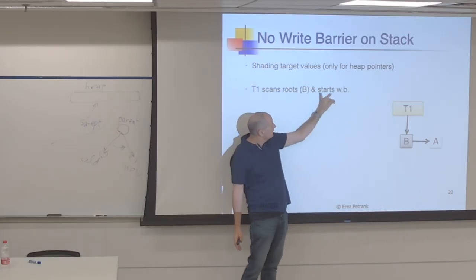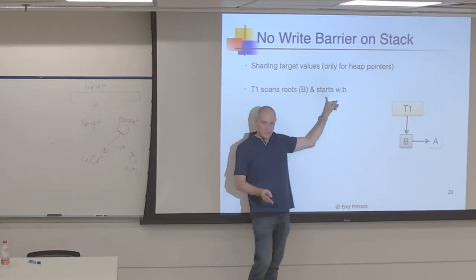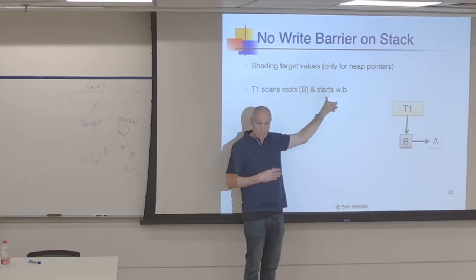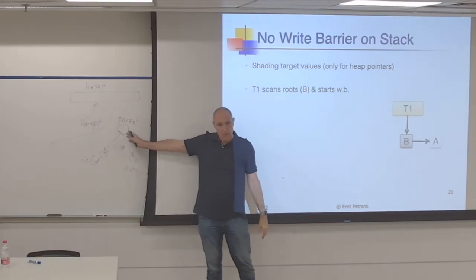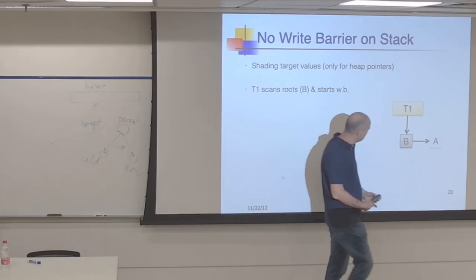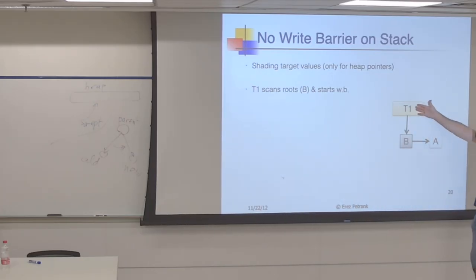I'm also shading my roots, and I'm also starting to do the write barrier. I will shade the new object when I change the pointer. So T1 shades whatever is reachable from its roots, its local variables. So I shade this, and then the marking can start.